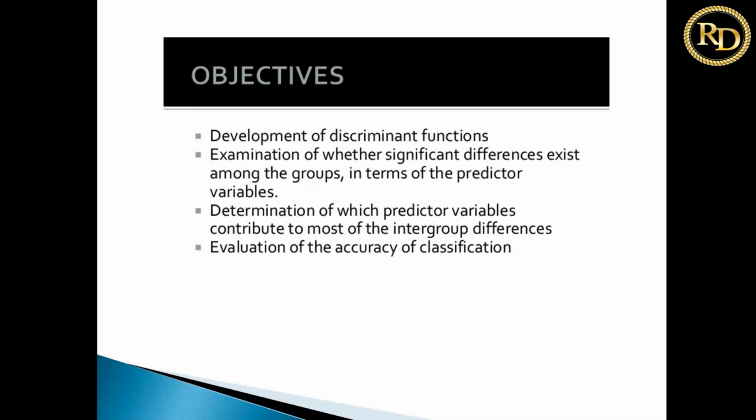So we will see how large the intergroup differences are through the independent variables, and what the contribution of each independent variable is among the units of the different groups under consideration. The next objective is the evaluation of the accuracy of classification. Whichever discriminant function is made, we'll check its accuracy, whether it is correctly classifying or somewhere misclassifying the units.